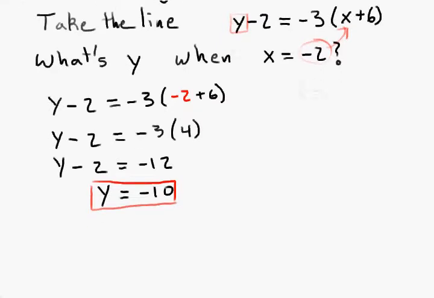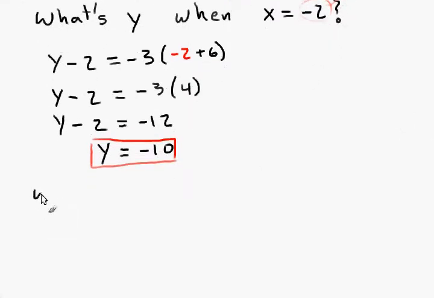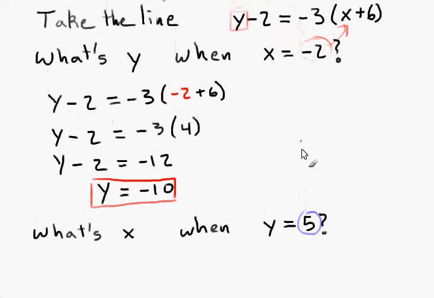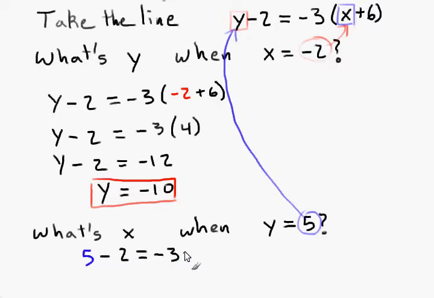But we could also say, what's x when y is equal to 5? We could change our thought here. Instead of looking for y, we could look for x. So we're going to take this value for y, plug it into the equation, and then solve for x. So that'll be 5 minus 2 is equal to negative 3 times x plus 6.